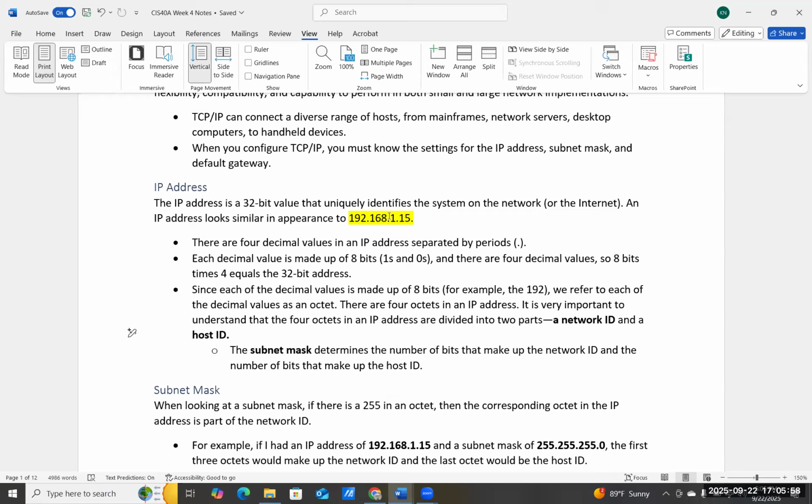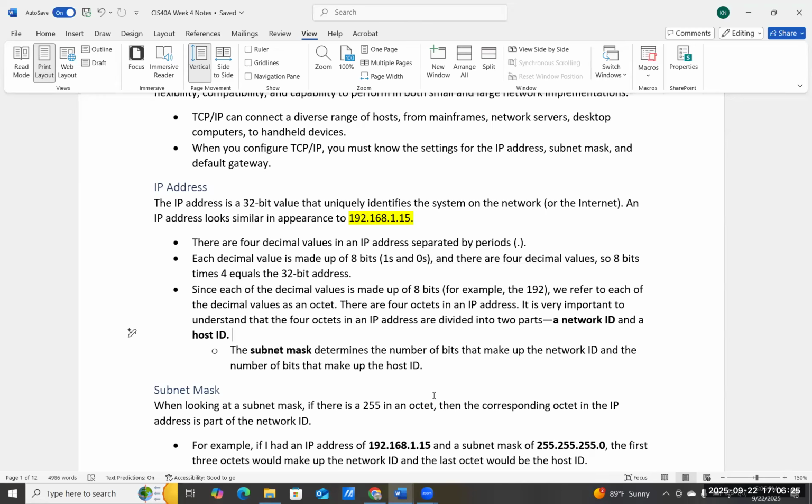So the router's job is to bring the traffic to the network section, right? The network itself, okay? The switch is then going to take it down to the specific system. So the IP address is made up of two pieces, a network ID and a host ID. And we'll come back to this shortly.